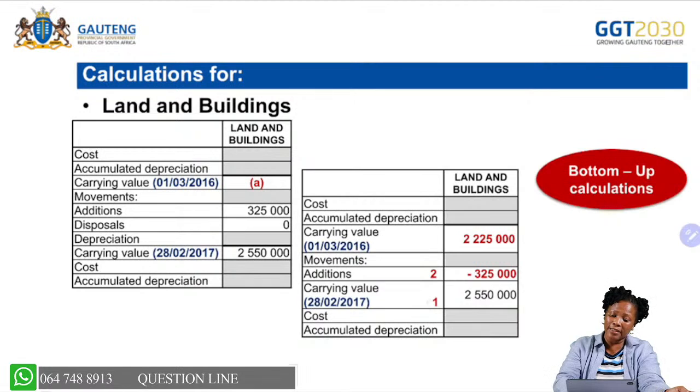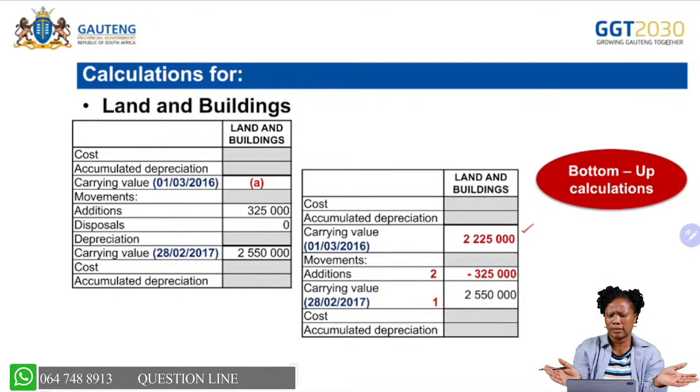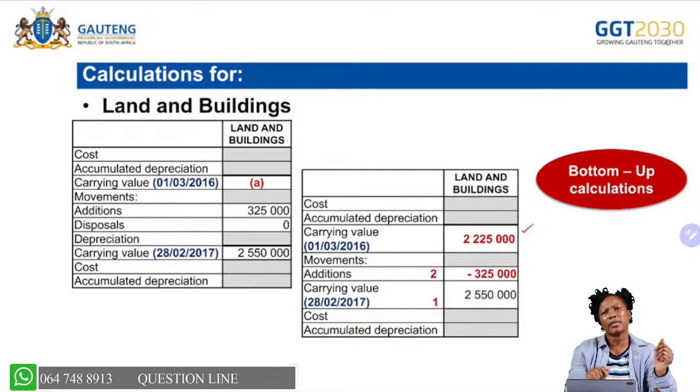This is what I've done, the first step. And then this is going to be your second step. And then this is your answer. It's 2,225,000 rands. This is your answer. And those were just easy marks. Easy marks for you to grab. I hope you have understood that.